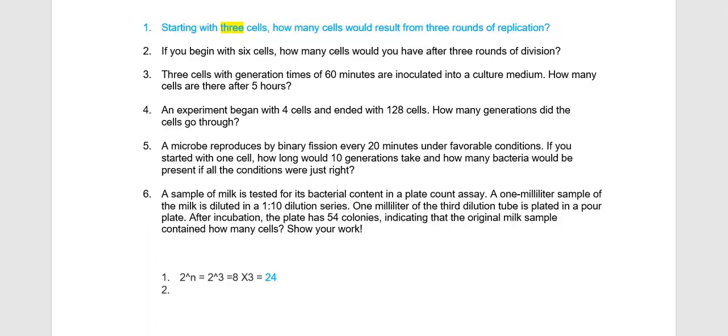If you begin with 6 cells, how many cells would you have after 3 rounds of division? We once again see that we're told the number of divisions or rounds of replication, so 2^n is going to work for us. In this case, 2 is always going to stay 2, because one cell becomes 2. We have 3 rounds of replication, so this is still going to equal 8.